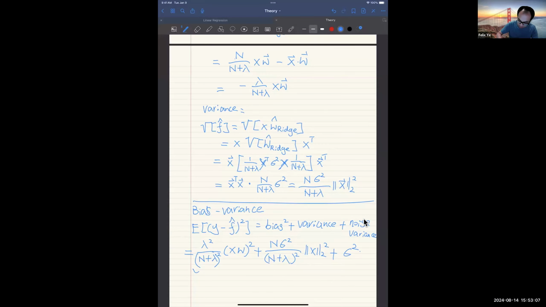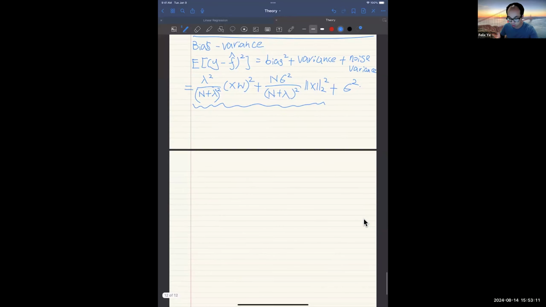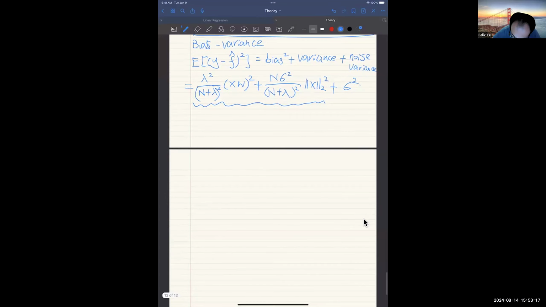So what does that tell you right here? This whole thing, based on what kind of x you are inputting, you can relate that and find the optimal lambda such that the bias square plus variance is minimized.